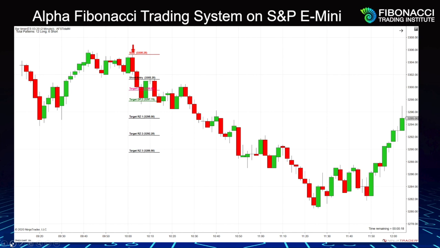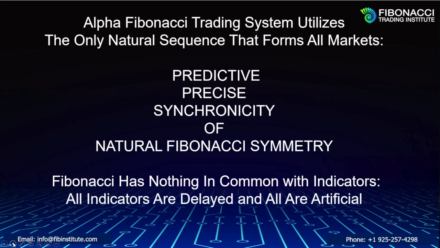Short from Alpha Fibonacci resistance. Buy from Alpha Fibonacci support. It is that simple, with institutional power, without any random trades, only with synchronicity, which is the core, key step.